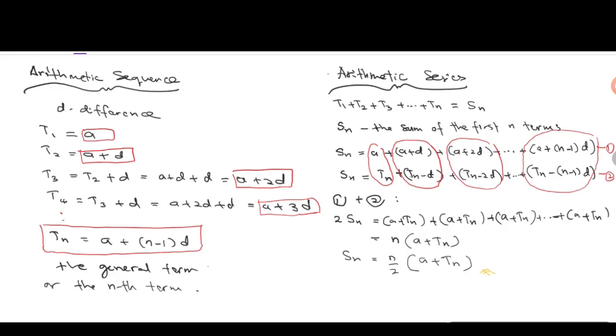If we substitute T sub n by A plus (n minus 1)D, we have n over 2 times (A plus A plus (n minus 1)D), which is equal to n over 2 times (2A plus (n minus 1)D), another version of S sub n for an arithmetic sequence.